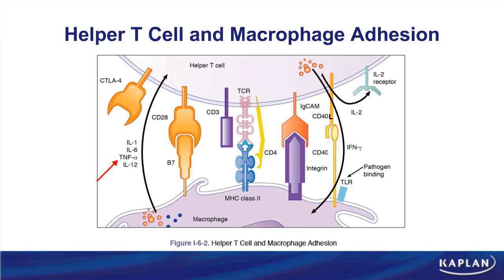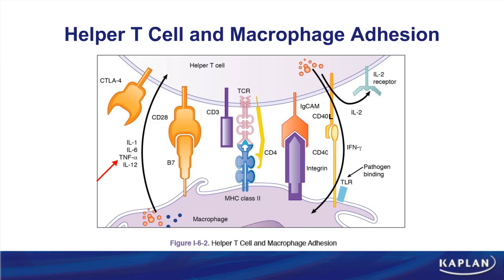Here, though, IL-12 is going to influence the differentiation of the CD4 cell into a specific subset, which we'll get to in a little bit, but it's specifically going to drive differentiation down the Th1 pathway. So obviously, this is an example of only activation of our T cells that will be involved in cell-mediated immunity.